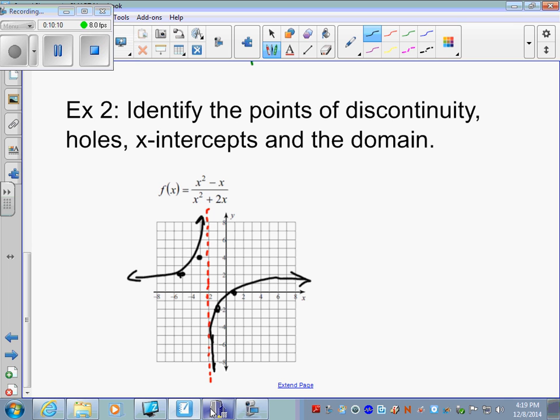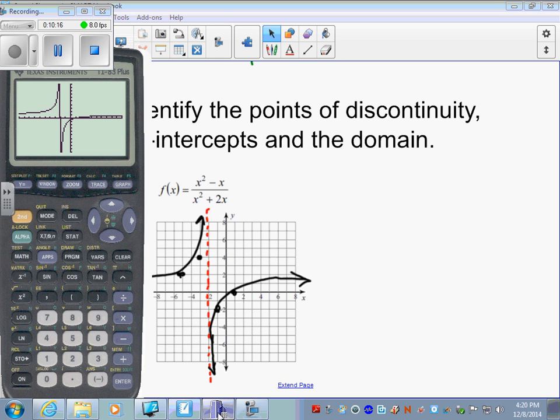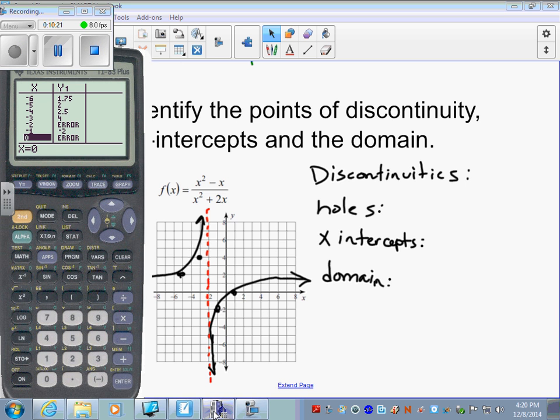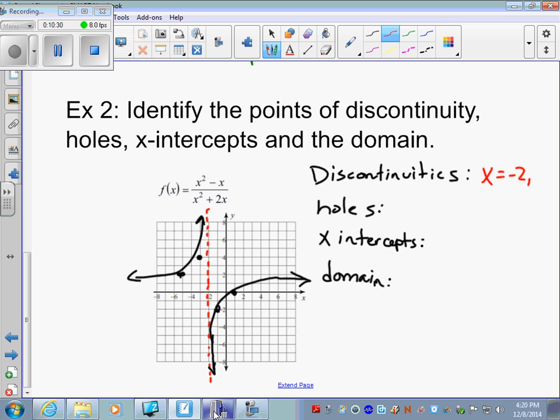So now going back to discontinuities. To find discontinuities, you look in the graph, I see there's two discontinuities, one at -2 and one at 0. So x equals -2 and 0. Now to distinguish what is a hole and what is an asymptote, we look at the graph.